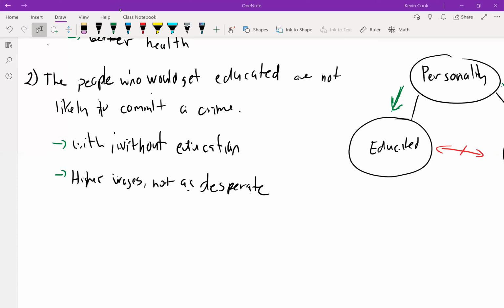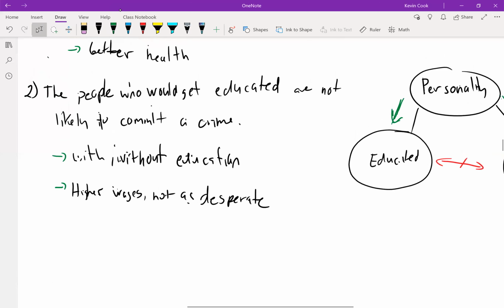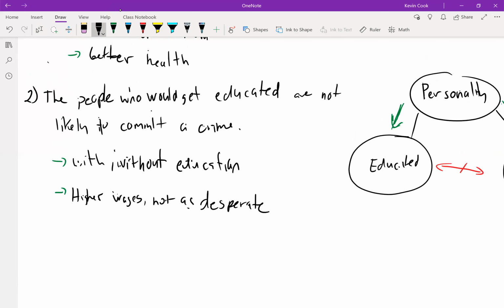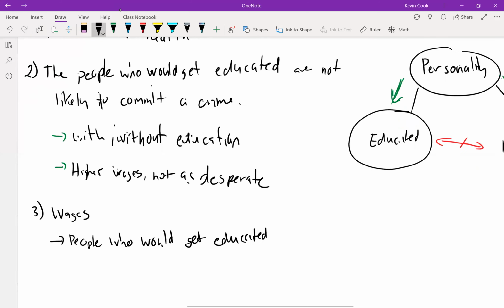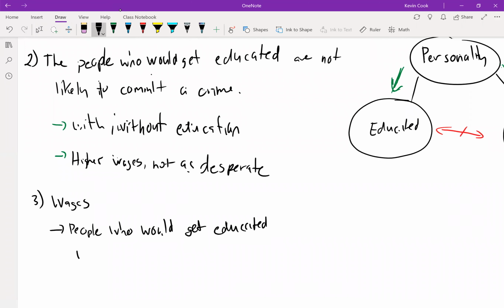But again, they would not commit a crime with or without education. And we can say the same thing about wages: these people who would get educated would earn higher wages regardless.